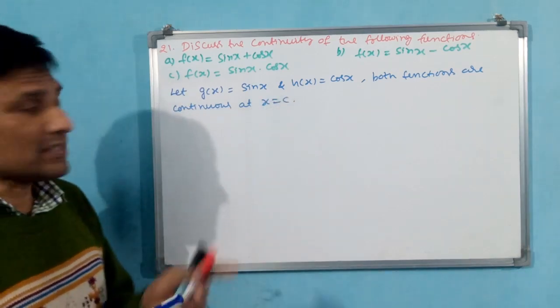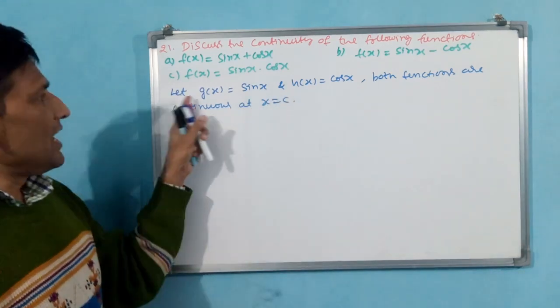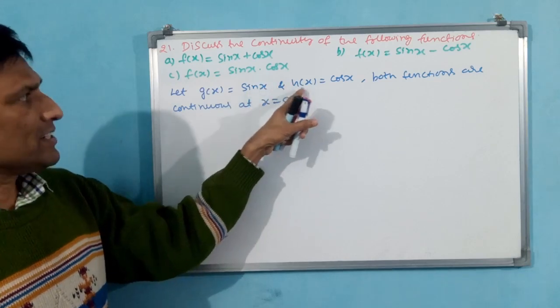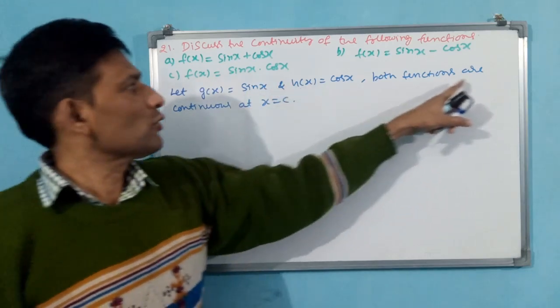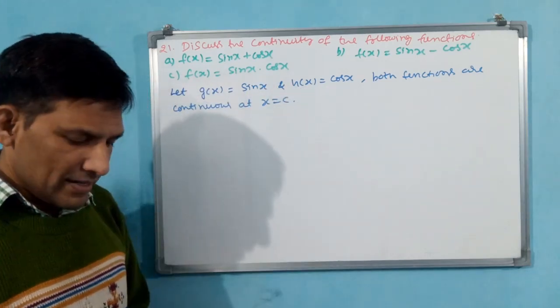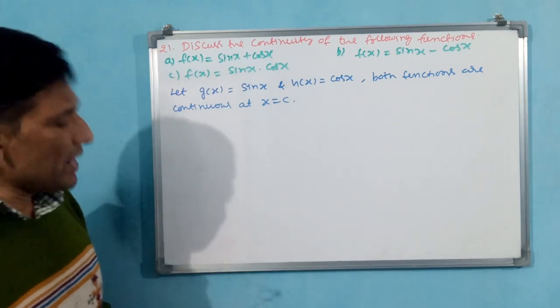First you write this. This line is very important. Let g(x) is equal to sin x, h(x) is equal to cos x. Both functions are continuous at x is equal to c.